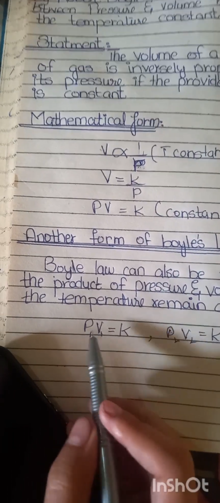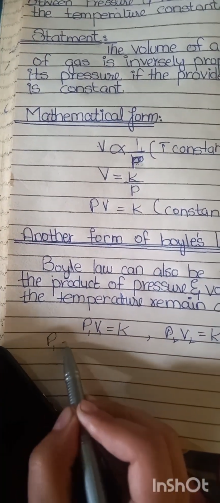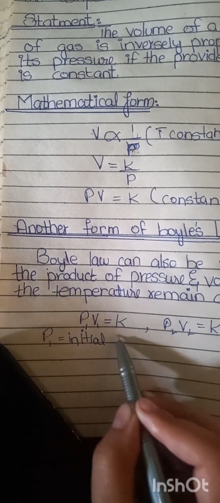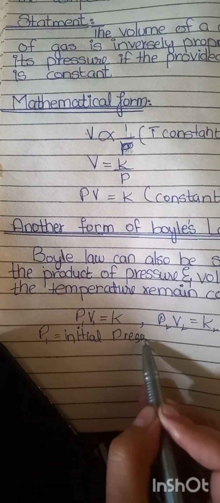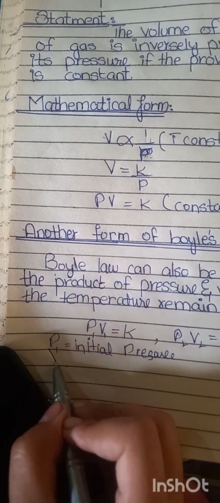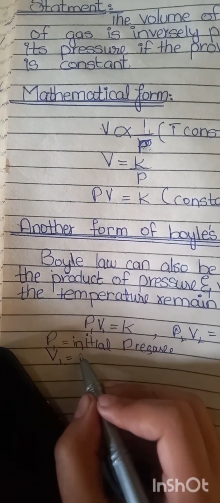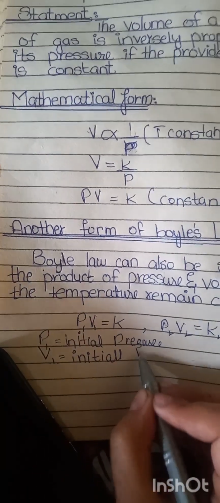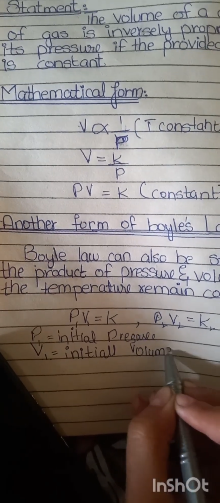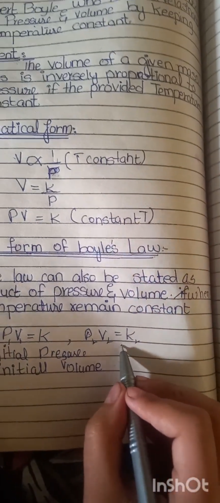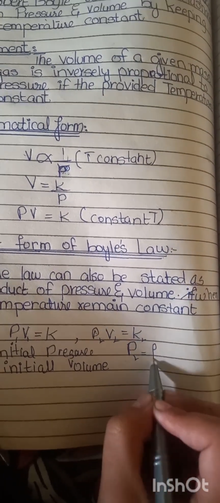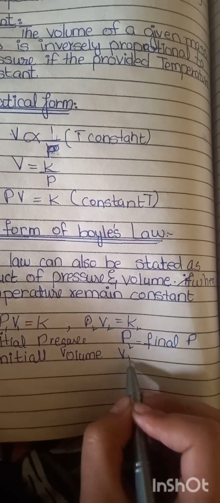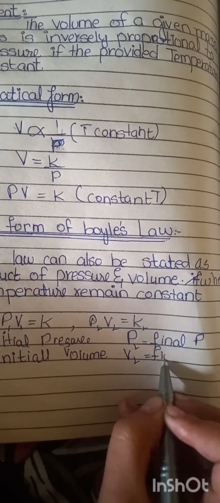For example, P1 is the initial pressure and V1 is the initial volume, then P2 is the final pressure and V2 is the final volume.